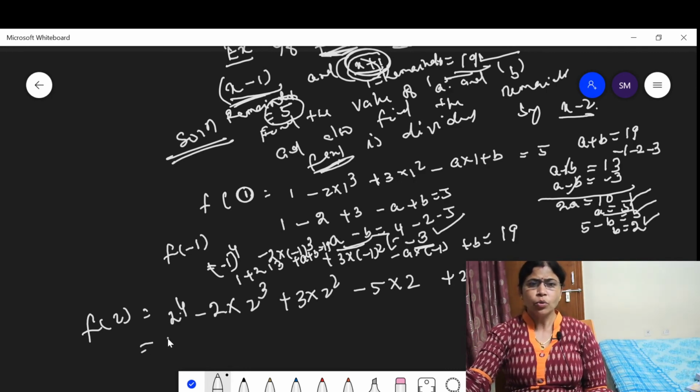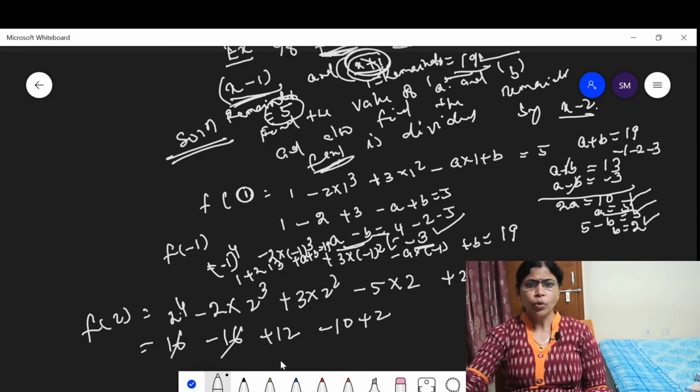This is 2 to the power 4 means 16, minus 16 plus 12 minus 10 plus 2. This is equal to 14 minus 10, which means 4. 4 is the remainder. F of 2 is equal to 4. 4 is the remainder.